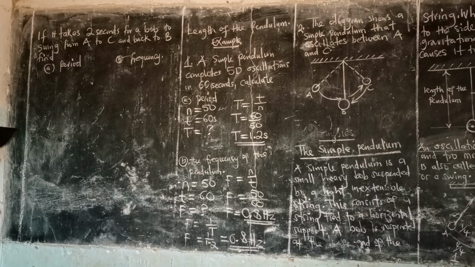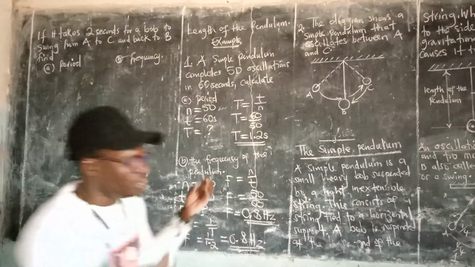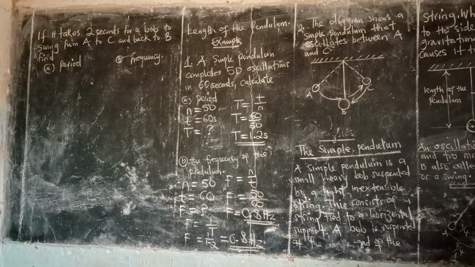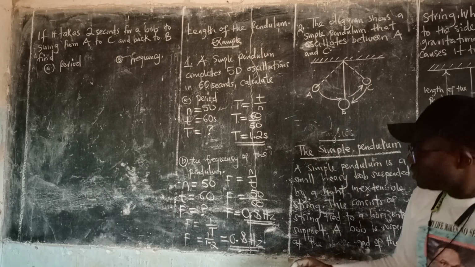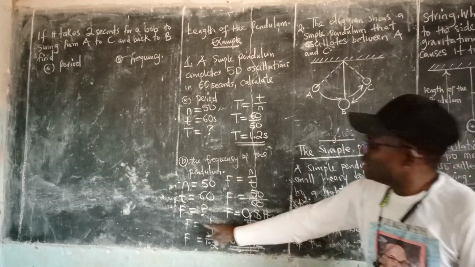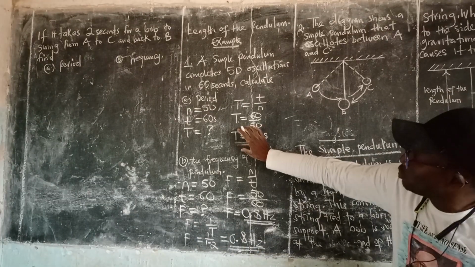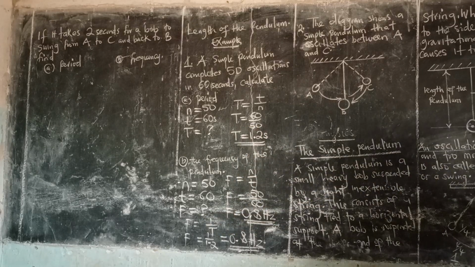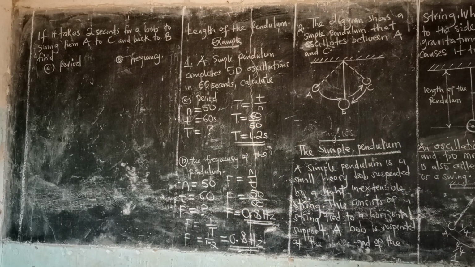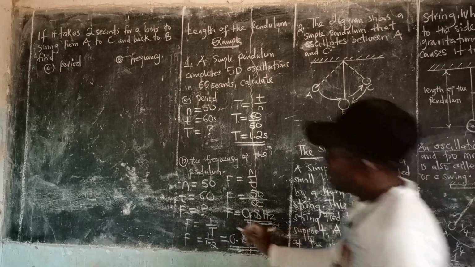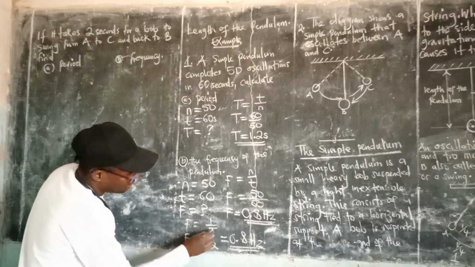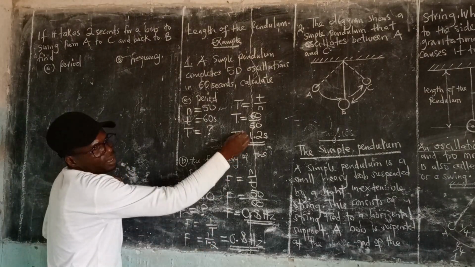Formula, very simple. Here is the other formula, which says that f is equal to 1 over T. T represents the period.